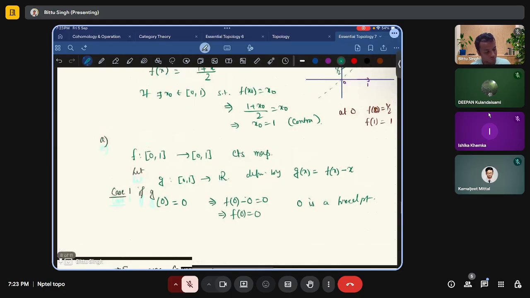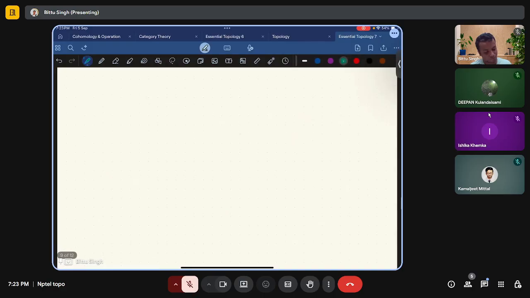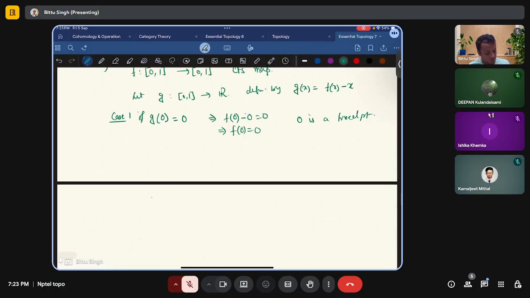Now case 2. Assume g(1) equal to 0; the same conclusion will hold. Sorry, g(0) equal to 0 is okay, and now g(1) equal to 0.